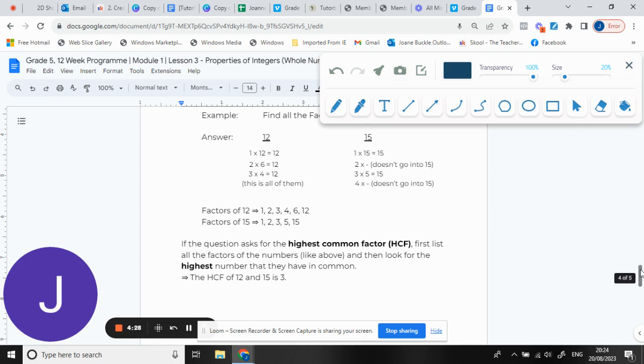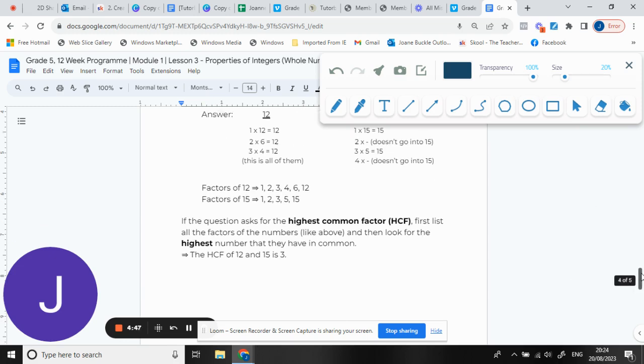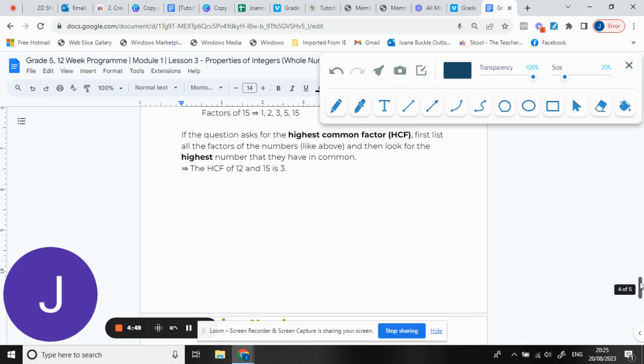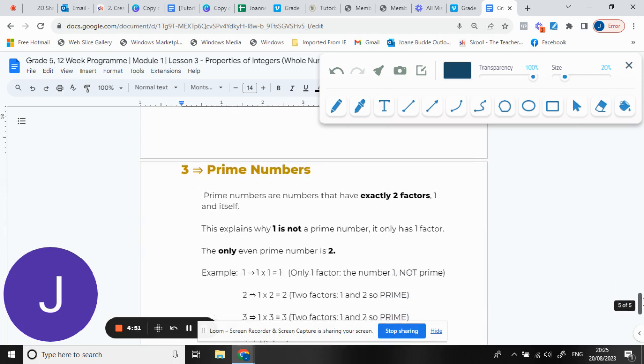Now, there are other ways of doing that using prime factor decomposition and Venn diagrams, which is something that you may have gone over in school, and it's definitely something that we're going to be covering, but not in these foundation module 1. So this is just one way of doing it, okay? Potentially the simplest way.